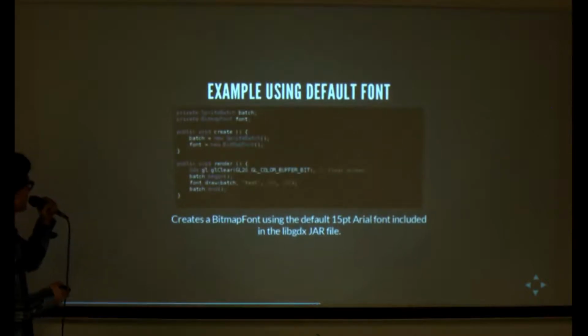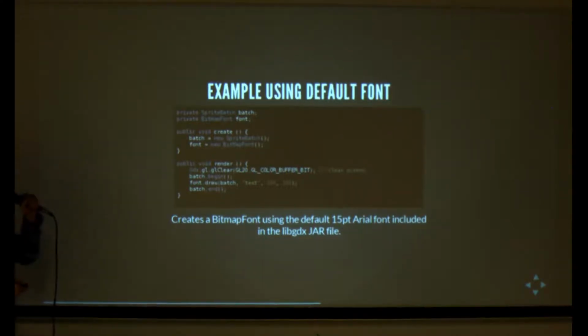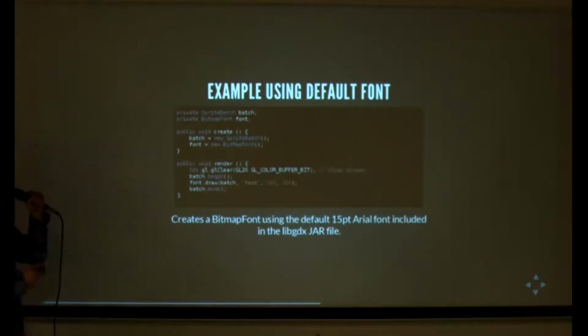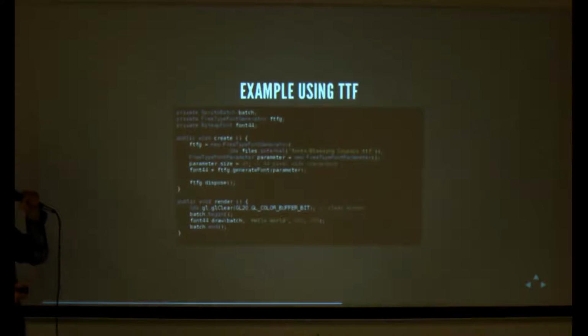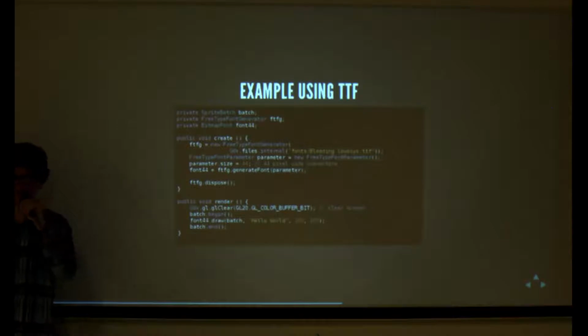So if you just use the default font, like this example using the default font, you'll get 15-point Arial, and if you change its size or scale it, it's going to look really bad really quickly. So what you do want to do is to generate the font using FreeTypeFontGenerator, which takes in a TTF font, which you can get from openfont.org or something.